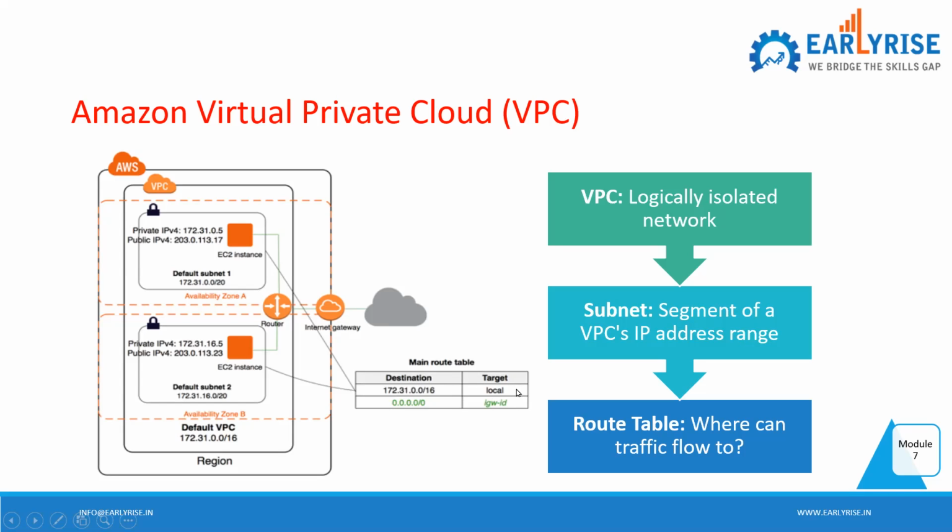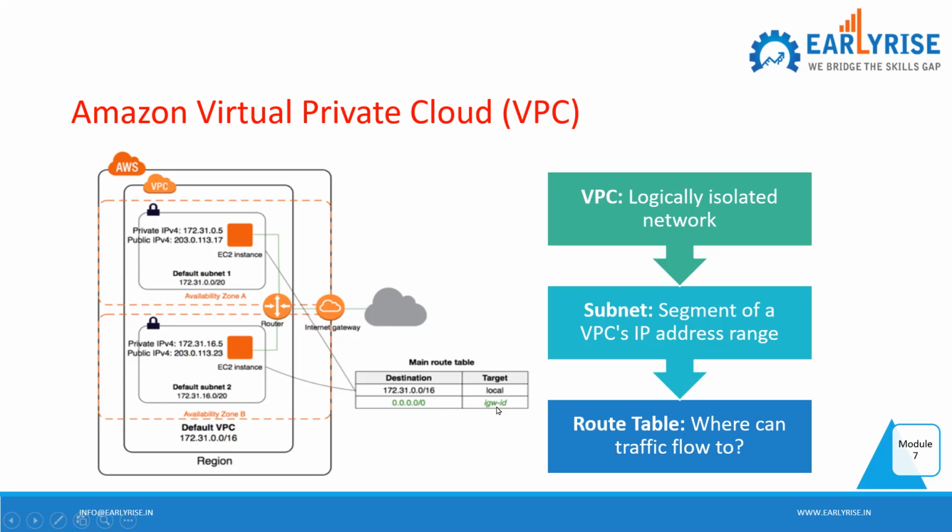Target means what? You see here local, IGW ID. There is some IGW ID. So what is that target? Meaning of target? Gateway, right? Some kind of interface or connection through which to send the traffic.